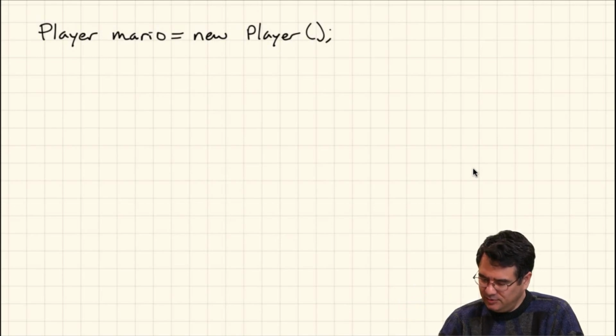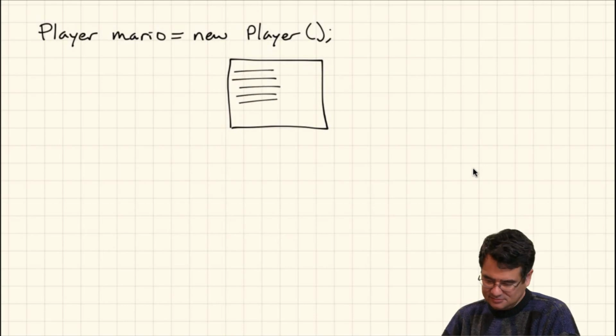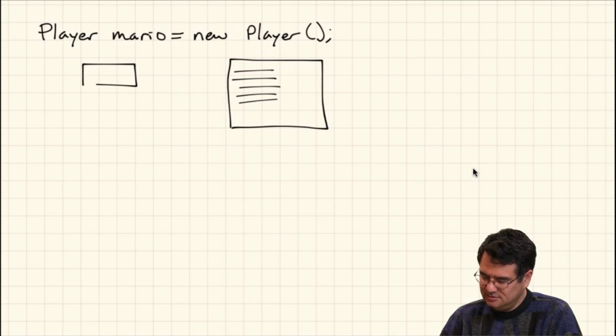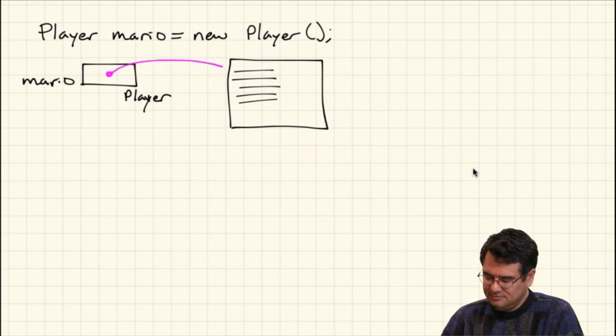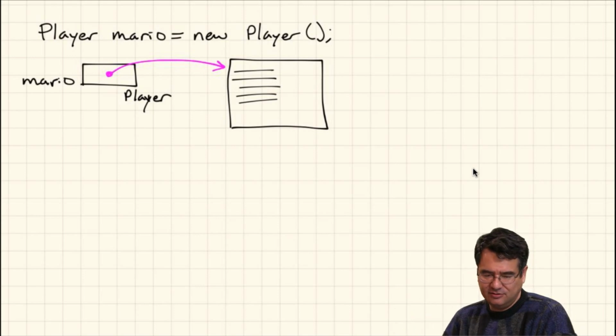But what we do know is that there is a larger box that contains all of that data. Okay, and then there's another box labeled Mario of type player. And again, all that's inside of that box is the address of where the player object actually lives in memory.